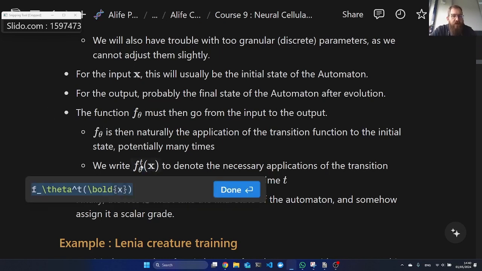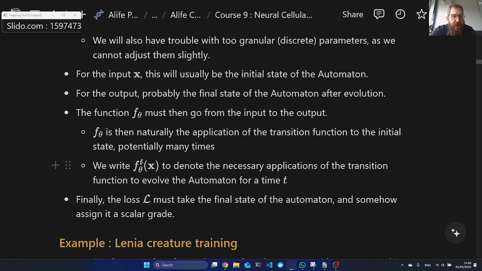So here we introduce this notation f theta t of x. This will denote the application of the transition function repeated many times such that we evolve the automaton for a time t. So this means evolve the automaton given input x for a time t.